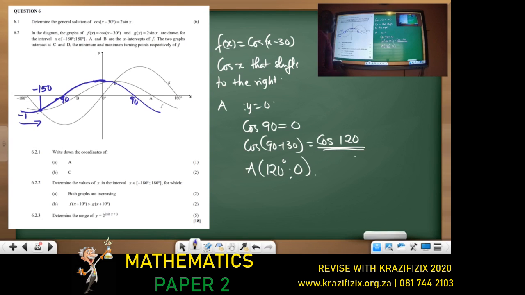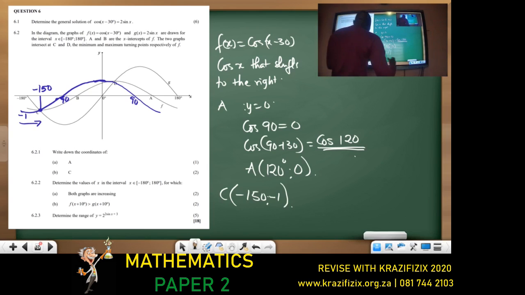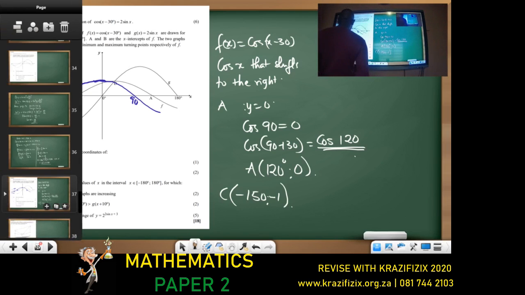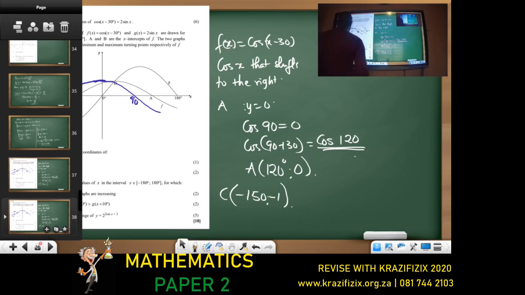Alright, because that's where my negative 1 is now. But the graph has shifted to the right. So negative 180 plus 30 units to the right will give me what? Negative 150. So what's my coordinate there? Negative 150 and, no, not 0, negative 1. So my graph has been shifted 30 units to the right. Awesome. Let's look at the next question.